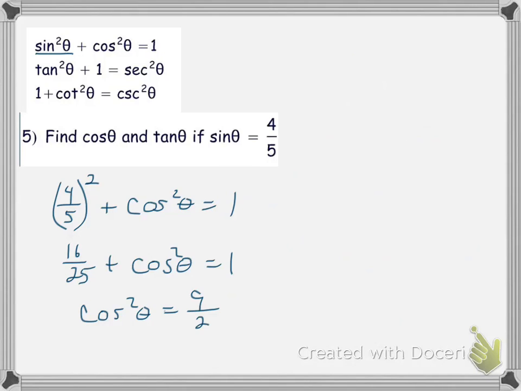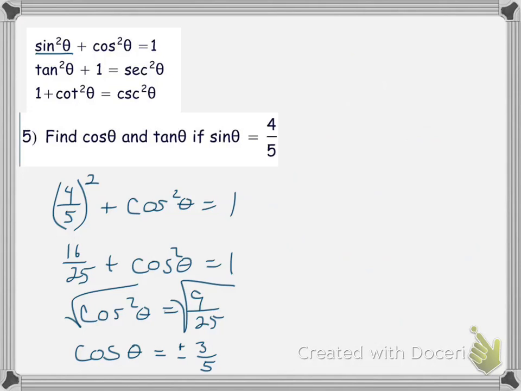9 over 25. And what I can do now, I can square root both sides, and I get cosine of theta is equal to plus or minus 3 over 5.